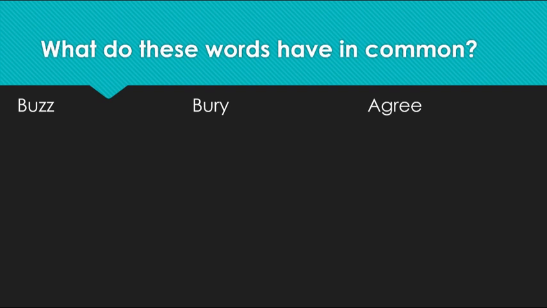So whenever you are trying to decide if you're going to add an S or an ES to a verb, just remember these rules. The first one is you're going to add an ES if the verb ends with S, Z, SH, CH, X, or O. Okay, so look at the word buzz.